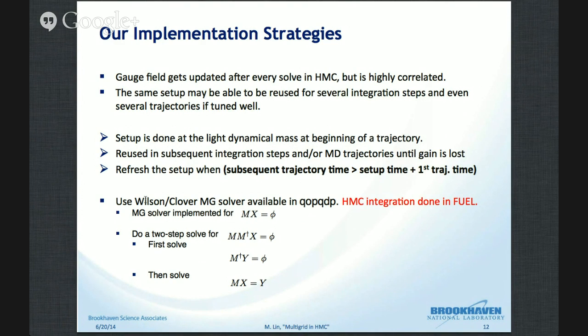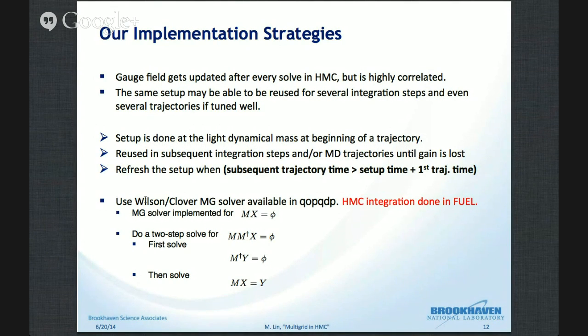And so what we did is to do the multigrid setup at the light dynamical quark mass. I'm only considering 2 flavor HMC here. So you have the light quark mass in the dynamical simulation. Our setup is done at the light dynamical quark mass at the beginning of a trajectory.